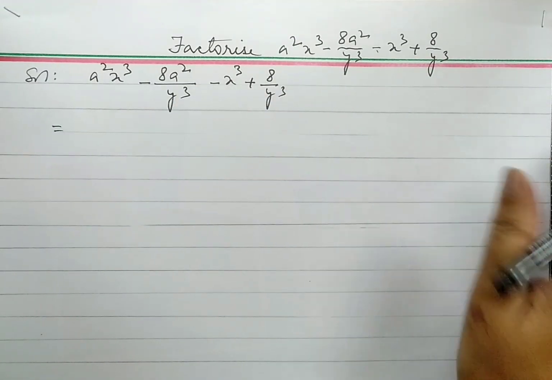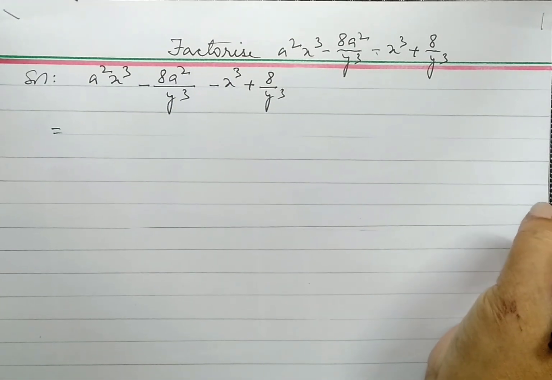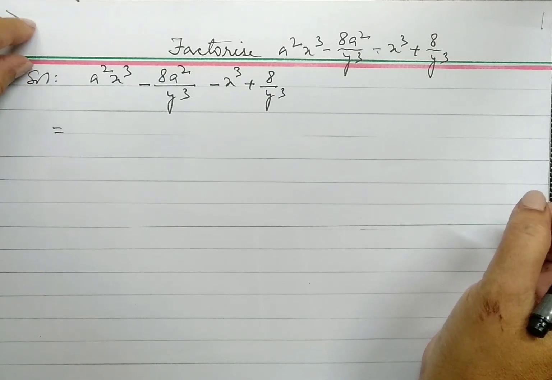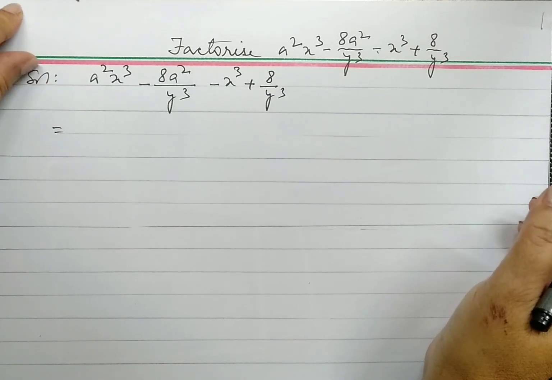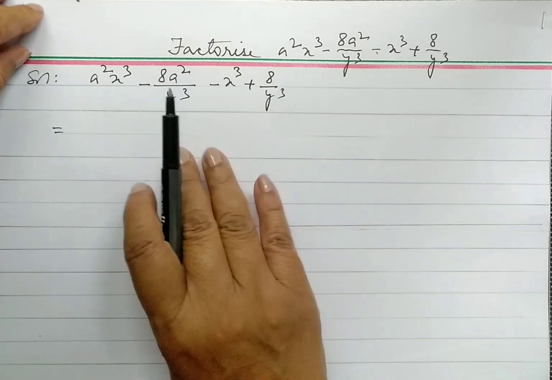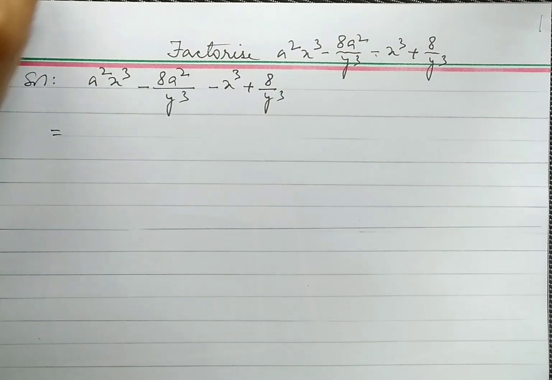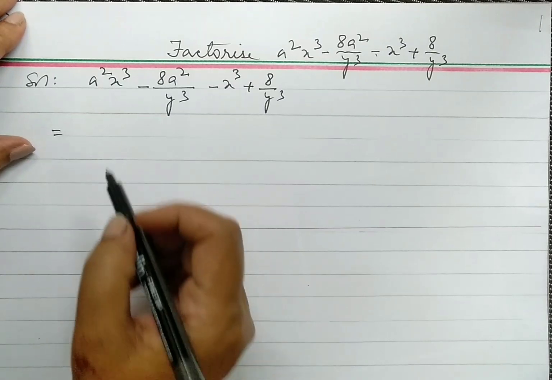Now how do we go about so that we can resolve it to factors? First I have copied the question, and now let us start with it. So grab a pen and paper and let's do it together.